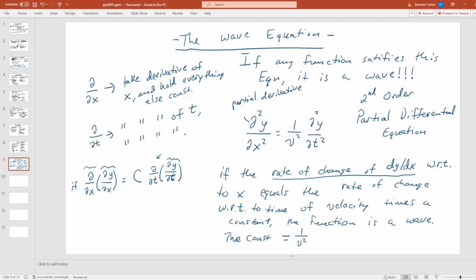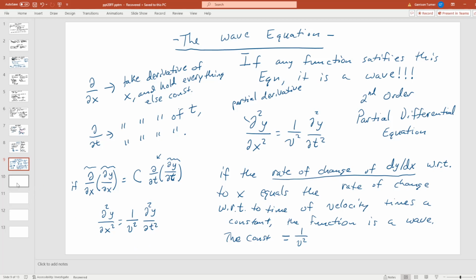So if your function satisfies this equation, then it is a wave. We write this as the second partial derivative of y with respect to x is equal to 1 over v squared times the second derivative of y with respect to time.